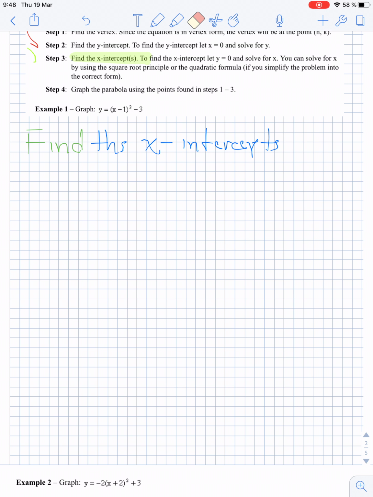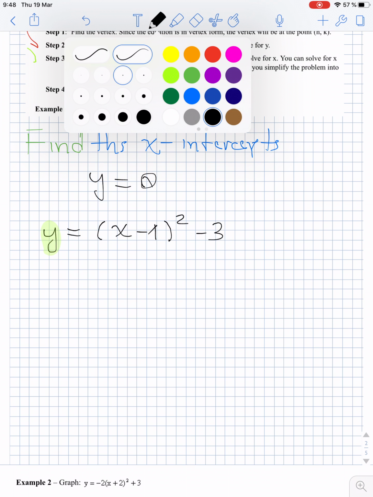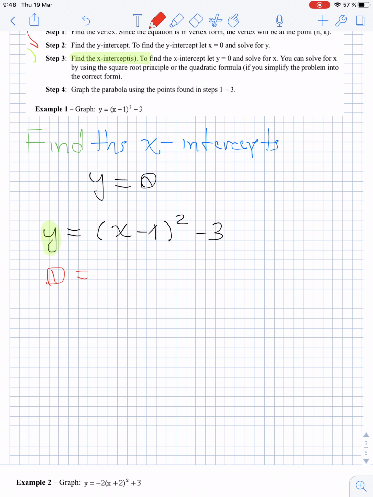Instead of having x equal to 0, in this case it is the other variable, that is y. That means y equals 0. And write again the expression, (x minus 1) to the power of 2 minus 3. In this sense, the value of y is going to be 0, so we have 0 equals (x minus 1) squared minus 3, and then you need to solve this.